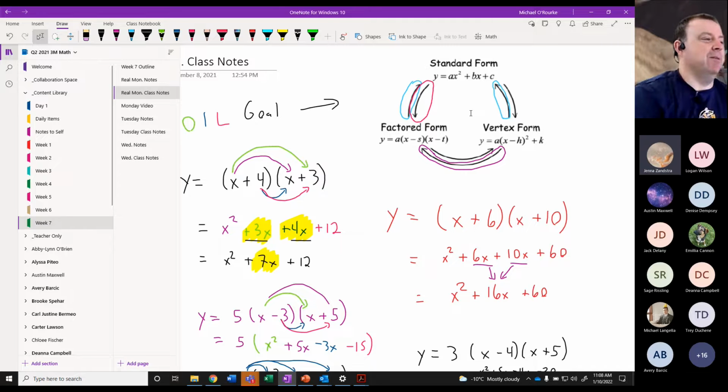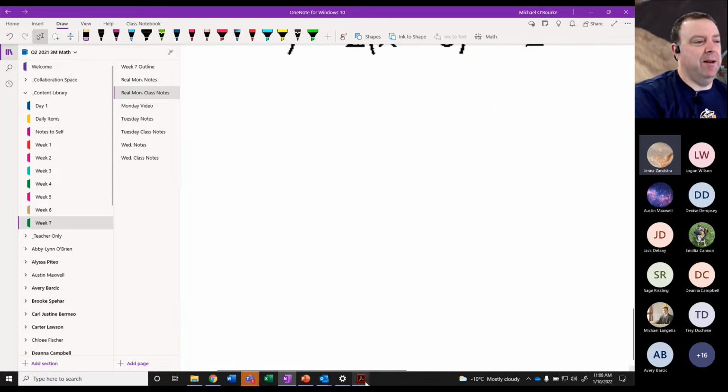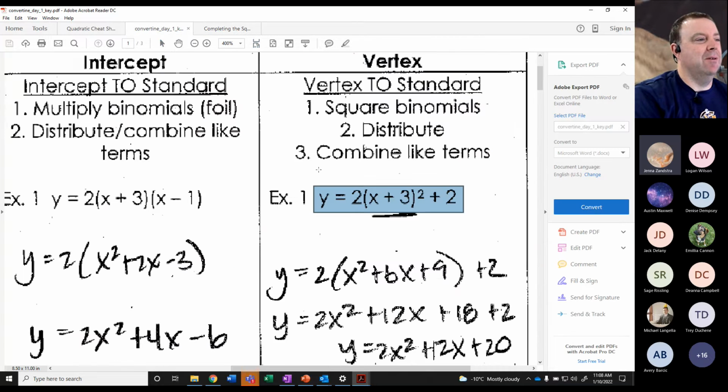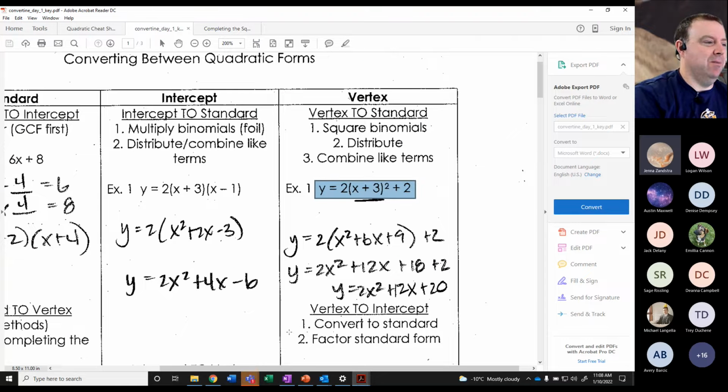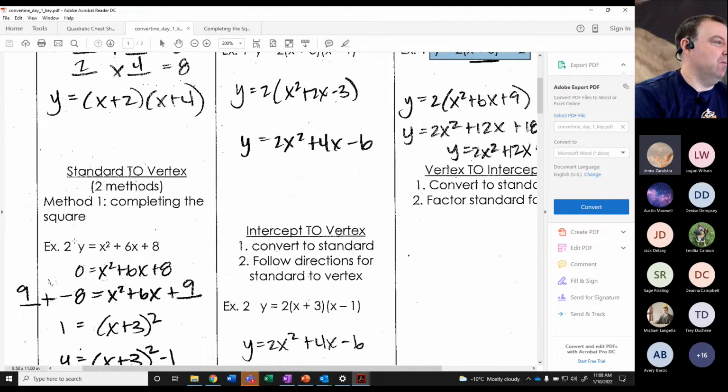Okay? And really impressed about where you are. So let's do one. I'll keep it easy for today. And you have this step-by-step guide. So there's nothing to worry about along those lines. Standard to vertex. Let's grab this one.